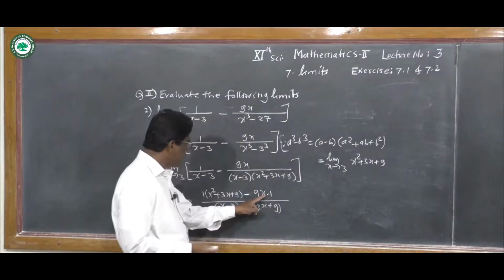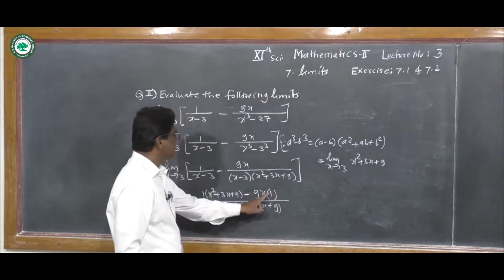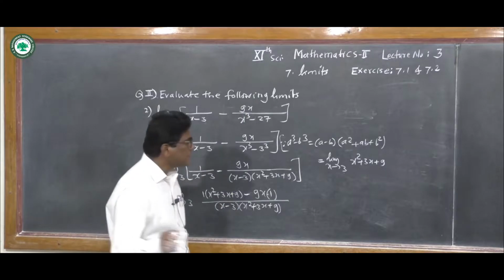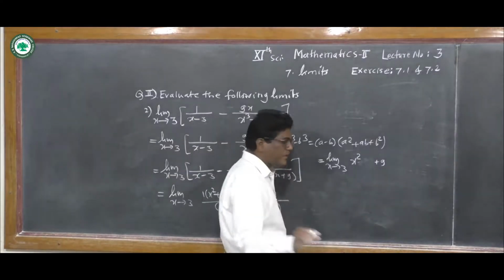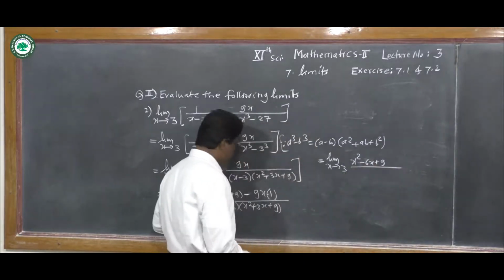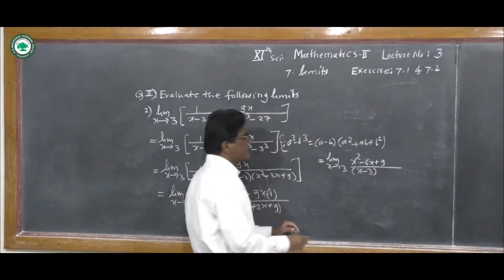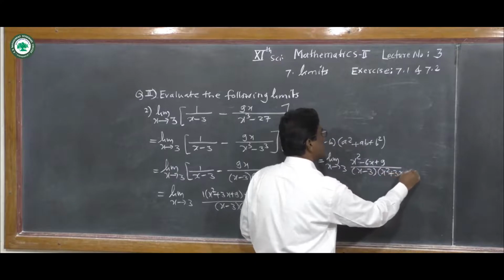So minus 9x and plus 3x, so minus 6x. So middle term is minus 6x, divided by here x minus 3 into x square plus 3x plus 9.